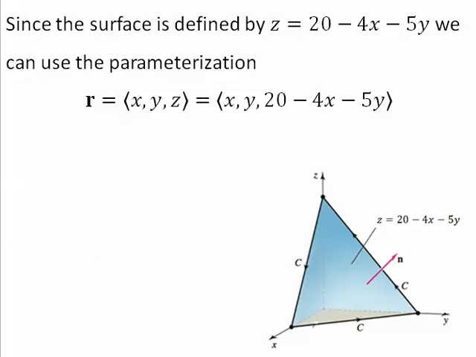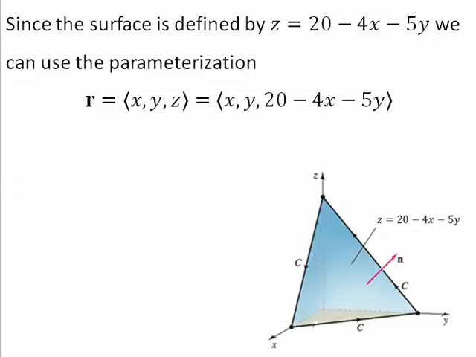Since the surface is defined by z equals 20 minus 4x minus 5y, we can use this parameterization. Have x just be x, have y just be y, but then have z equal 20 minus 4x minus 5y.